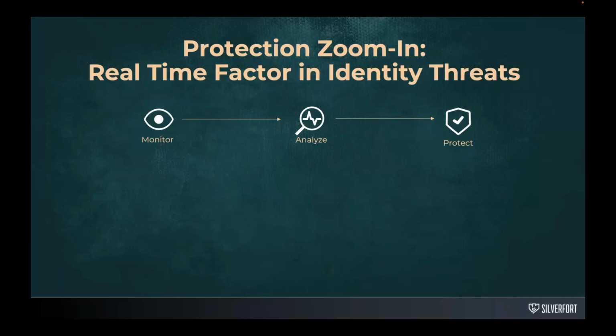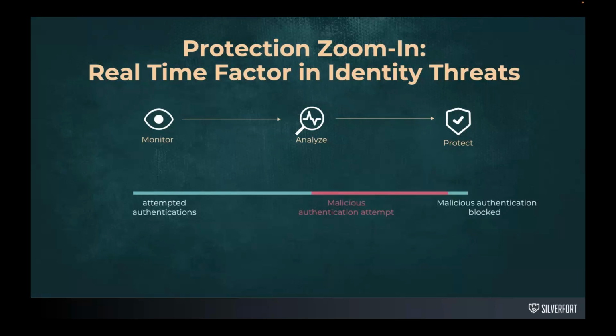What are we analyzing, and what is the protection that we seek? So what we're monitoring is attempted authentications, and we need somewhere to plug in to the authentications and analyze to discern between malicious authentications and legitimate ones. And if we determine that a certain authentication is malicious, we'll block it.